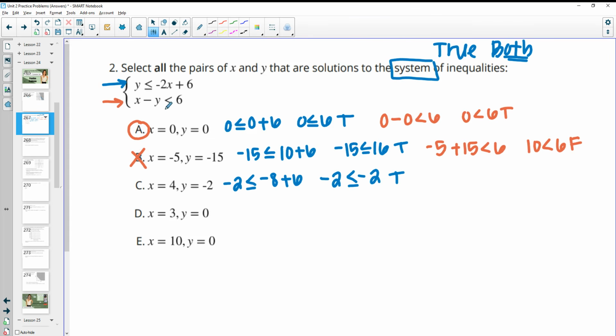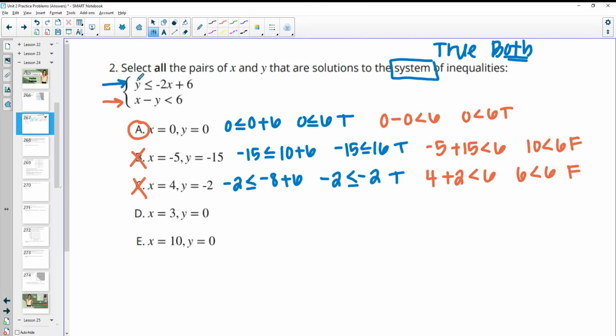So then we'll plug into the bottom one. So our x is 4 minus our y, which is negative 2. So it'll be 4 plus 2. Is that less than 6? So this one says 6 is less than 6, and that is false because it's equal to 6.